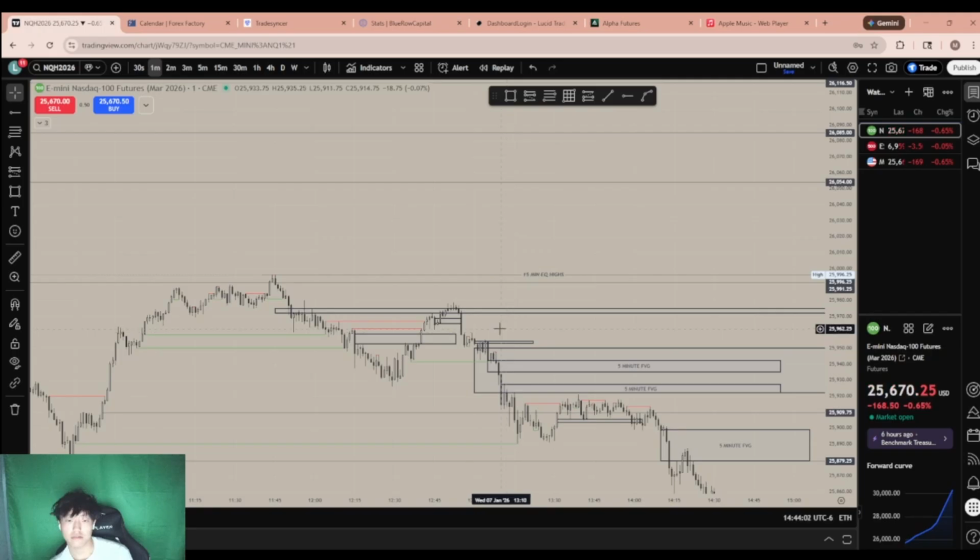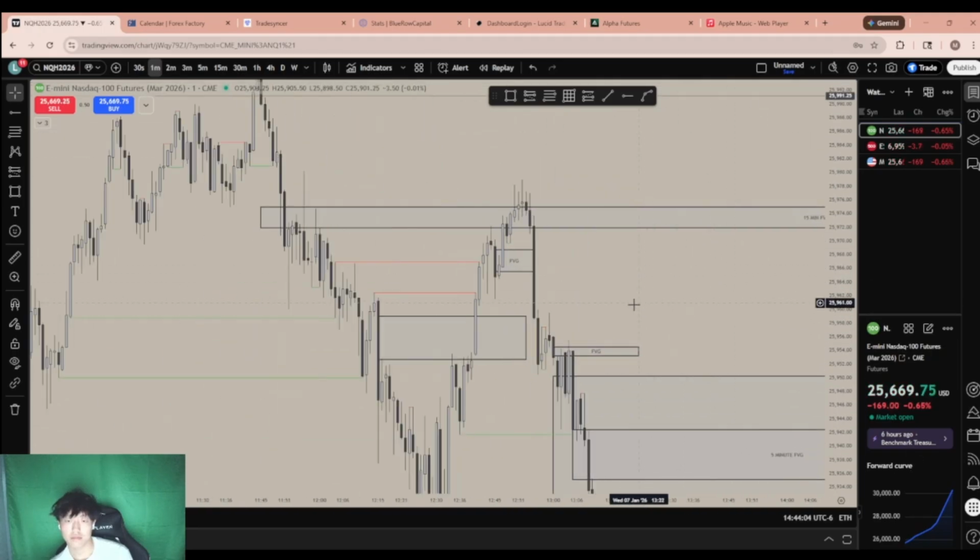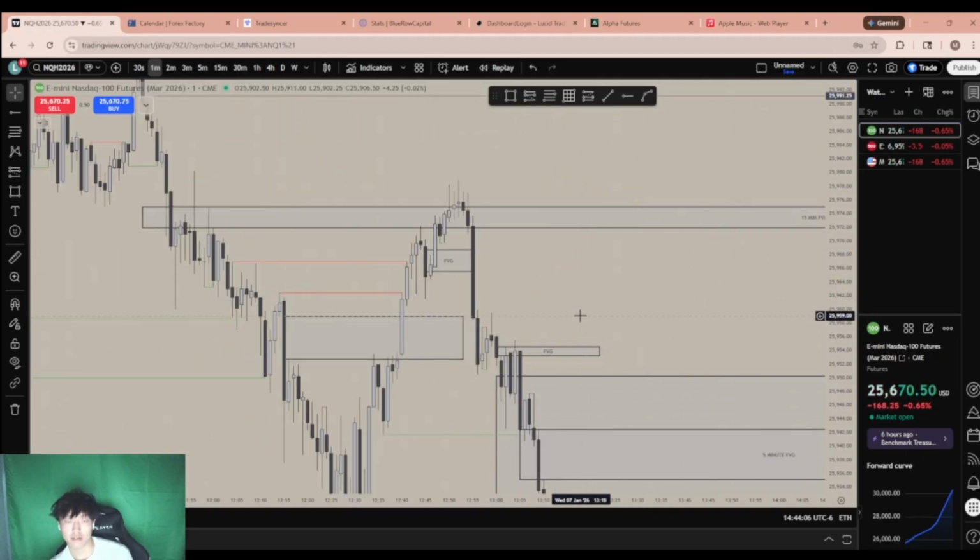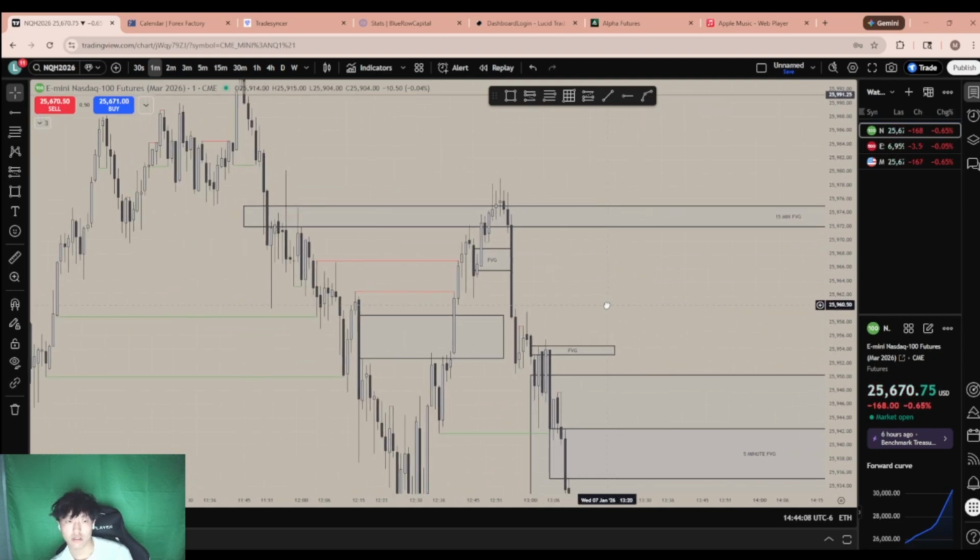Let's take these ones. See, this is one you would probably have to front run right here. So I think it looks like we sweep out New York Lunch High, which would start at 12.